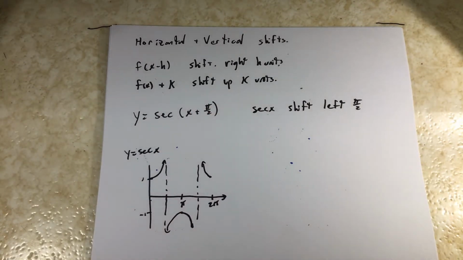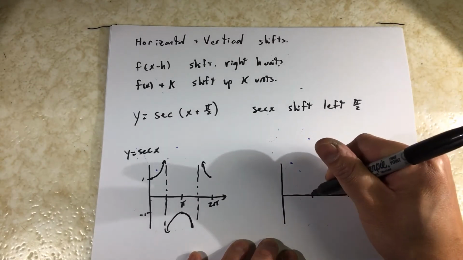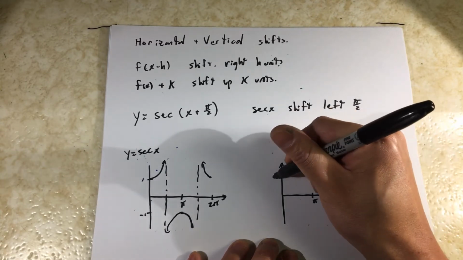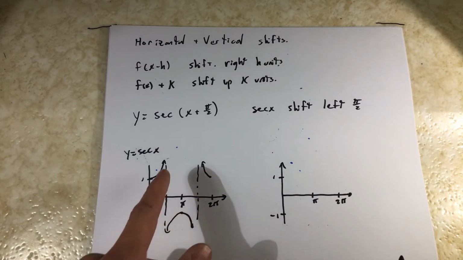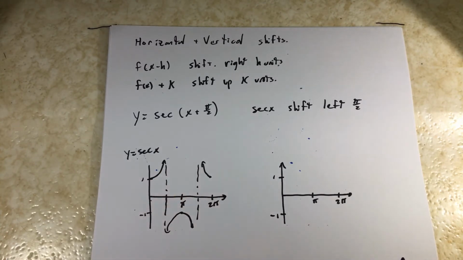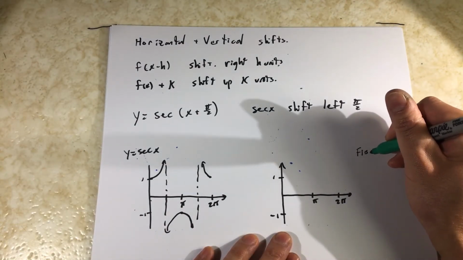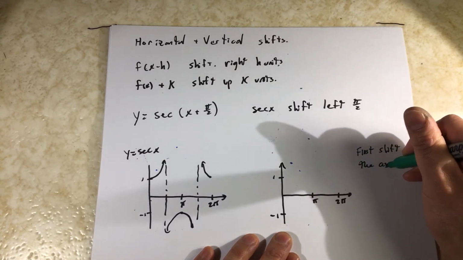All right, so if we're going to shift this left, one of the strategies I think is always good is to first shift the asymptotes. First shift the asymptotes.